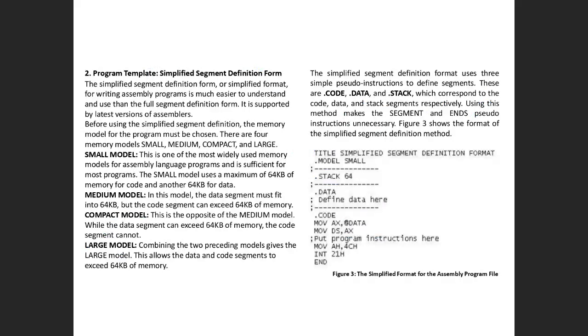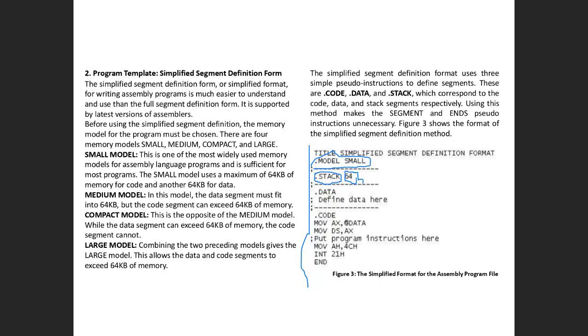So this is the full segment model, and the other is called the simplified model. You remember we write .MODEL SMALL and .STACK, and inside .STACK we can allocate some memory, for example 64. If we write 64, that is 64 in decimal; if you write 64H, that is 64 in hexadecimal.